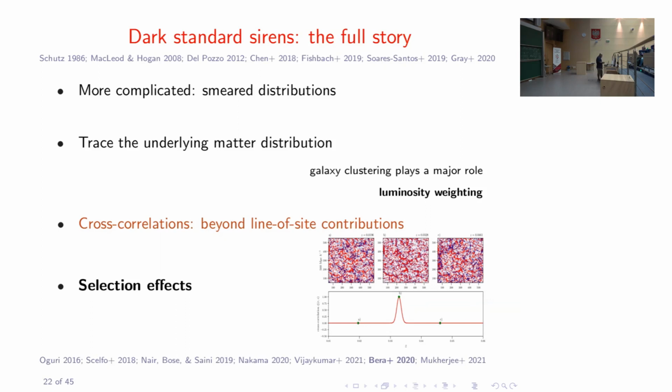The third effect I wanted to mention is the contribution from beyond the line of sight, which would come from cross correlations. You know about the large scale structure in the universe, you're a cosmologist. So you can think about mapping out the large scale structure in the usual redshift space versus the large scale structure in the distance space which we are observing in gravitational waves.